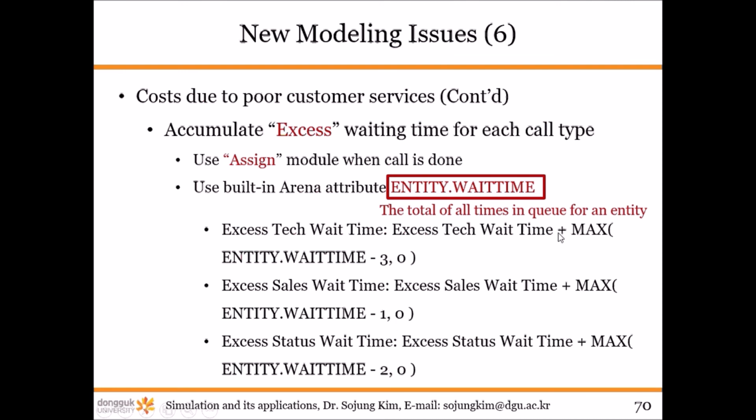So you can add this excessive waiting time to the excess tech wait time and get the total excessive waiting time of the customer. Like a counter, if there is any waiting time greater than 3, you can add that value to the existing variable.